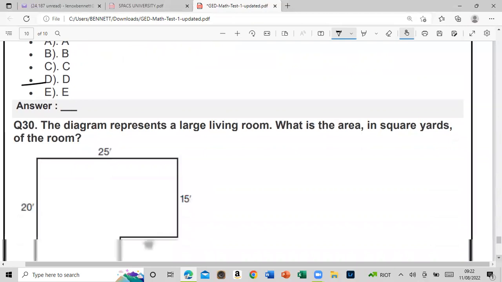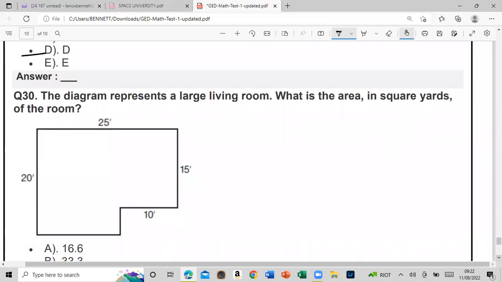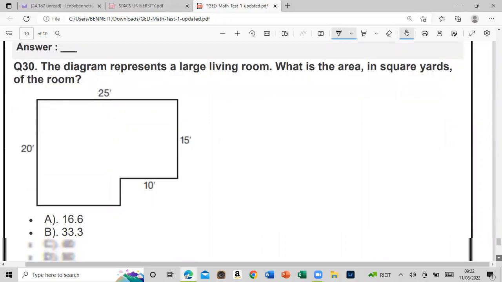Number 30. The diagram represents a large living room. What is the area in square yards of the room? Oh, this looks so weird. I don't know if the unit they represent is yards.